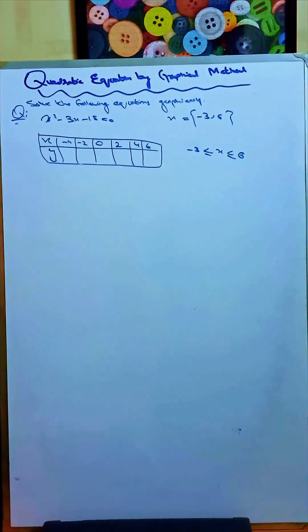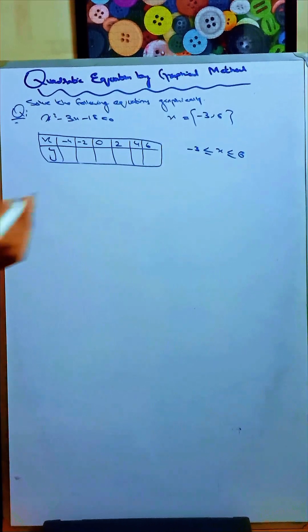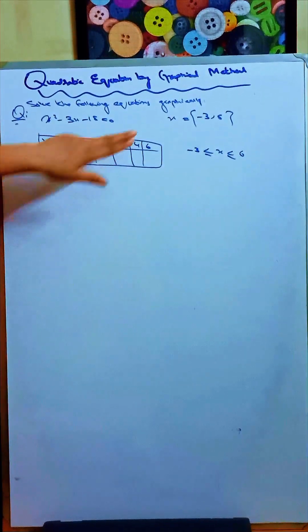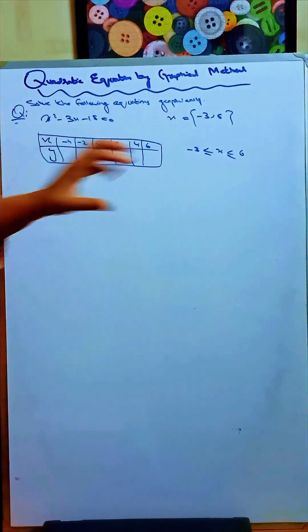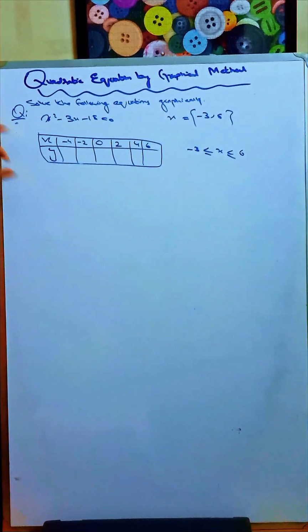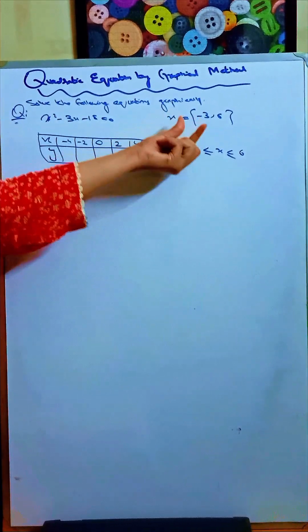You got it? Very simple, very easy. By knowing these points, I have to make that table in which I can easily locate these points on my graph.